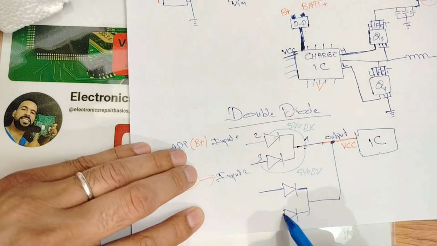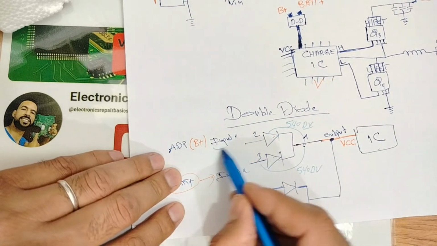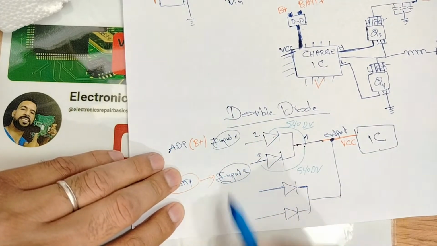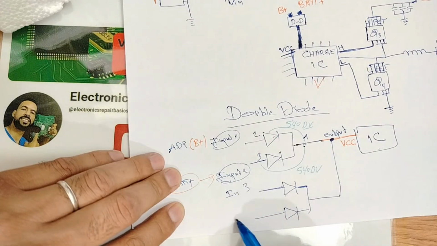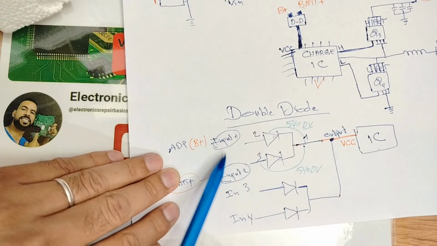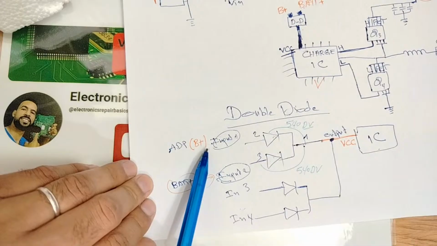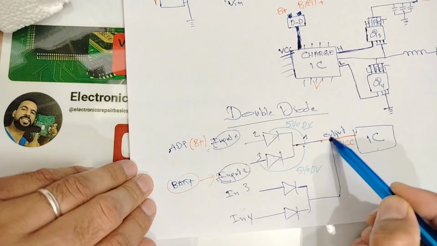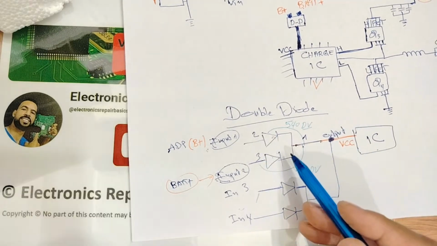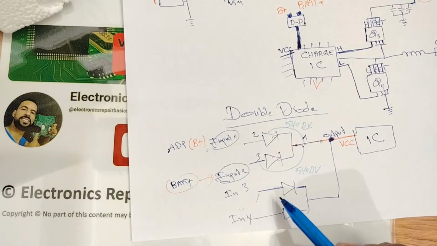This is the first input, this is the second input, this is input number 3, and this is input number 4. So we have 4 inputs from 4 different sources, but we need just one output.